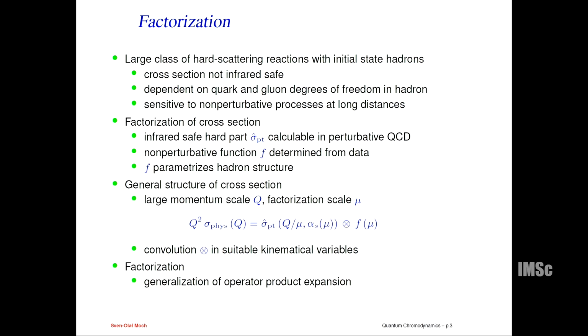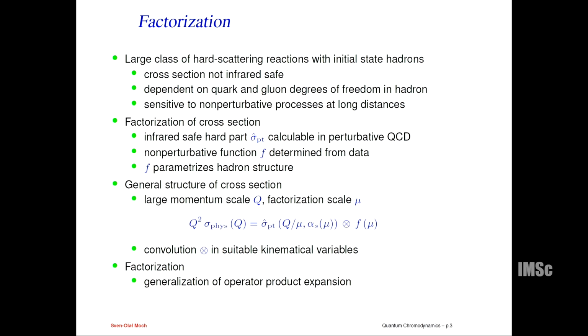And the way out, or the concept to treat these cases systematically, is to apply factorization of the cross-section into two parts. One part, which we call the perturbatively calculable hard part, is supposed to be infrared safe after performing the factorization.